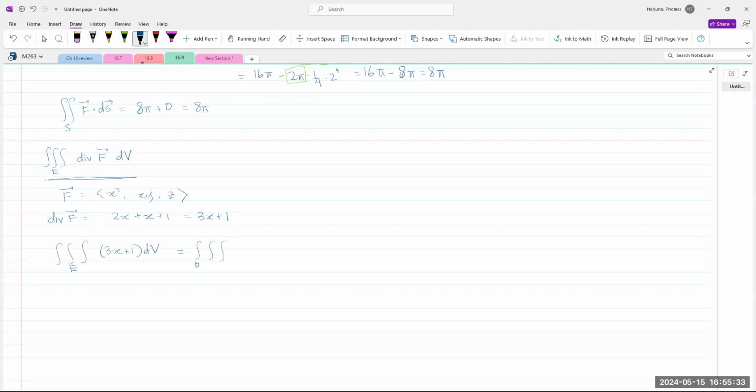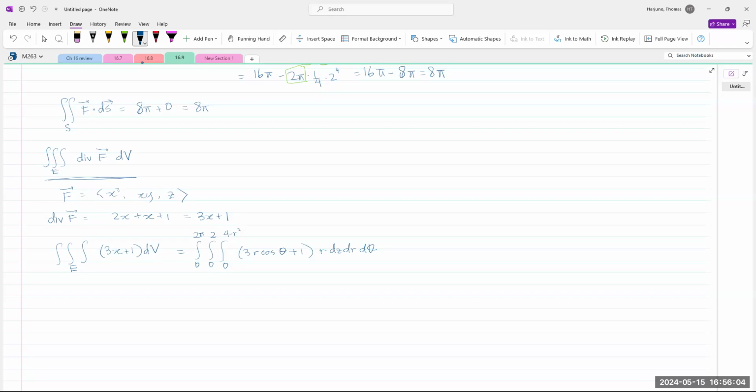From 0 to 2 pi, then from 0 to 2, and then z from 0 to 4 minus r squared of 3, what is x? x is r cosine theta, plus 1, r dz dr d theta.